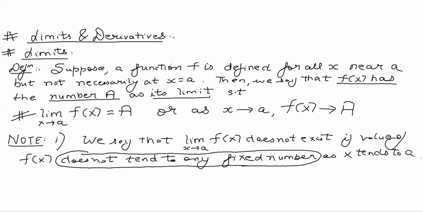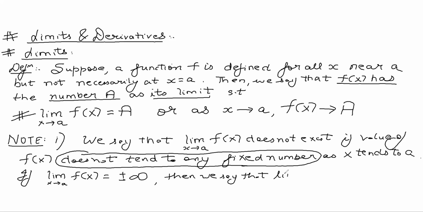In particular, what does this mean? This means that if, as x tends to a, my f of x is tending to plus infinity or minus infinity, then we say that the limit of the function does not exist, because it's not tending to a fixed number.